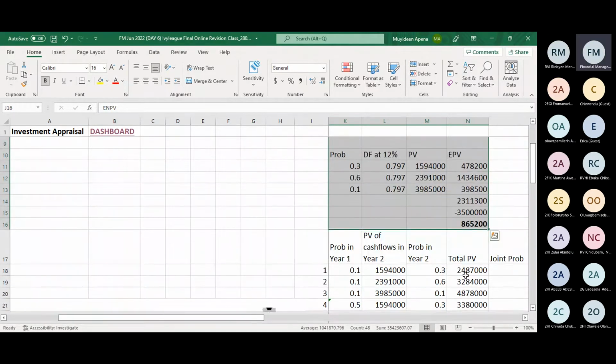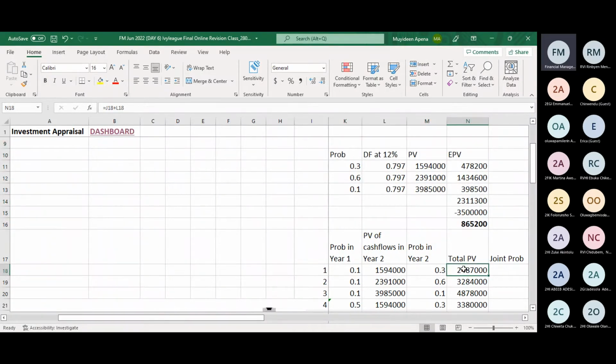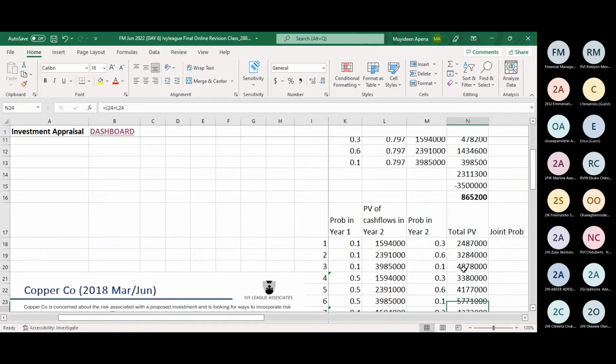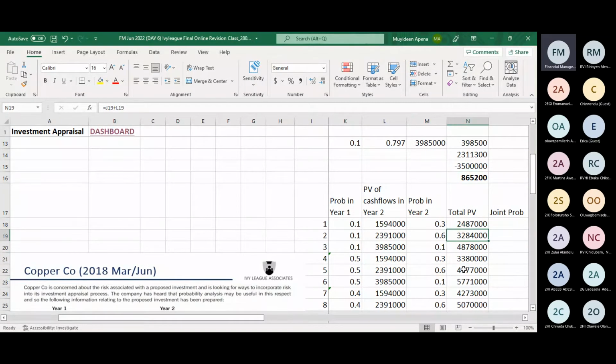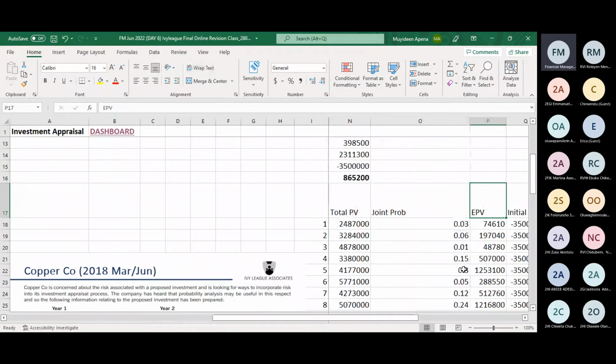But the examiner compels you in this question to use joint probabilities, which extends you to a simulation approach. He wants to see the different possible outcomes that will happen with different scenarios. So please take note of this. Very important, so that you'll be able to distinguish the solution.